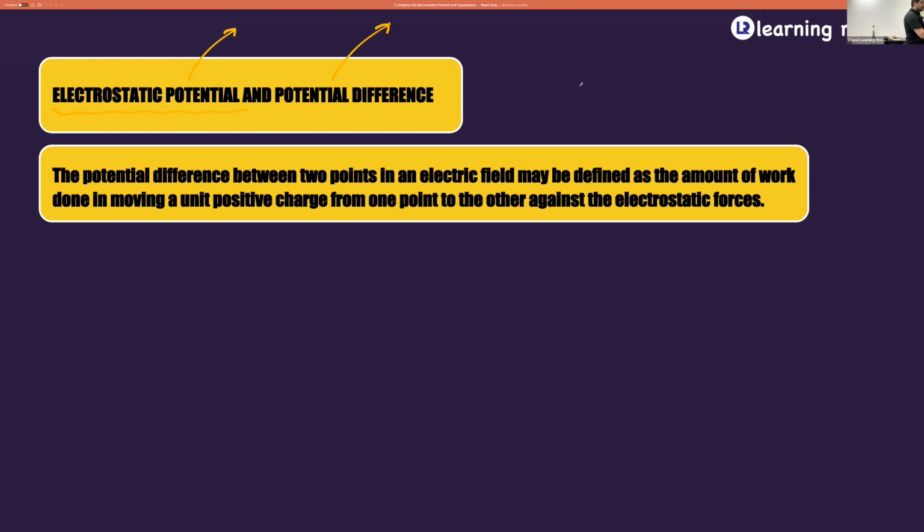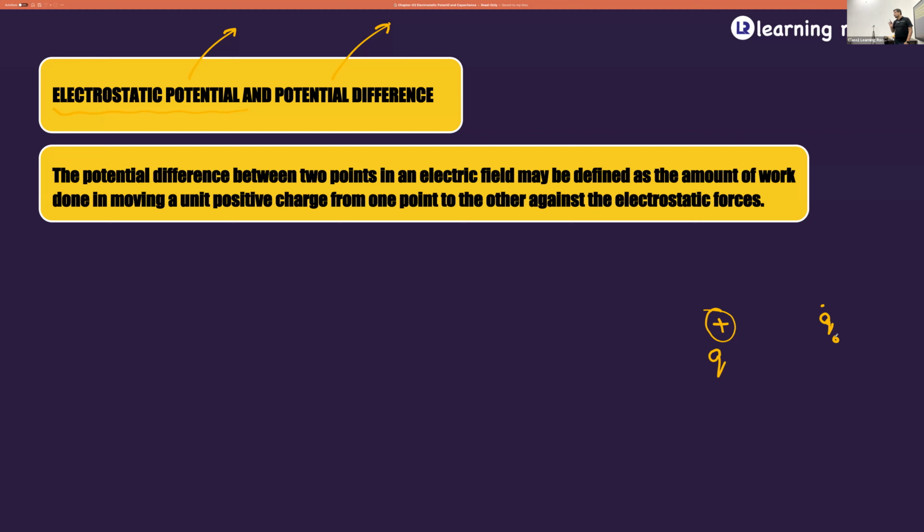I have a charge which is generating the electric field. Let me call this Q. This is the source charge generating the electric field. In the presence of this electric field, there is another test charge Q naught, a unit positive test charge. I've considered this to be positive.